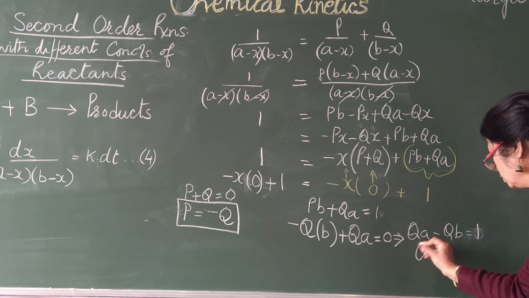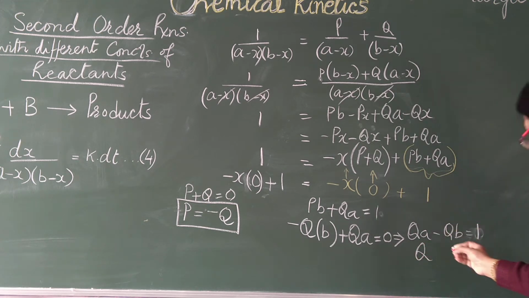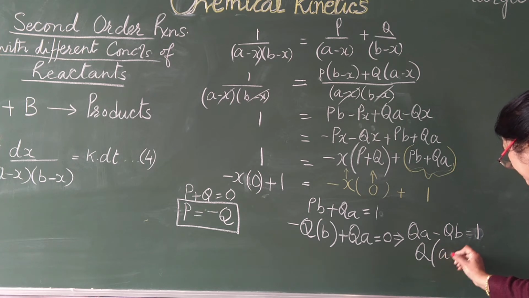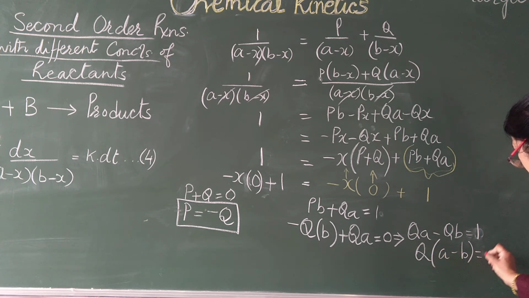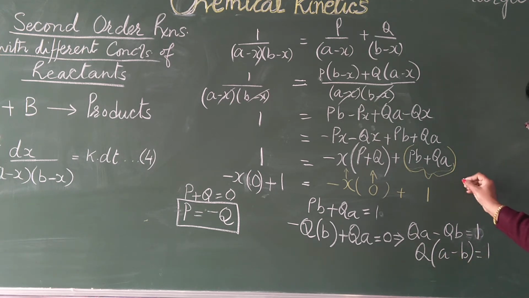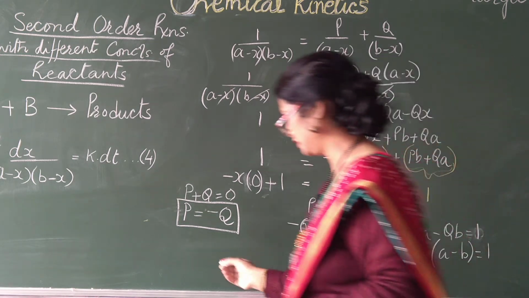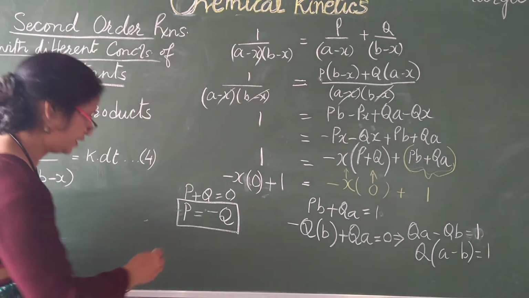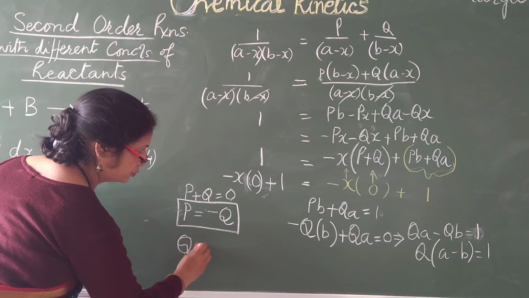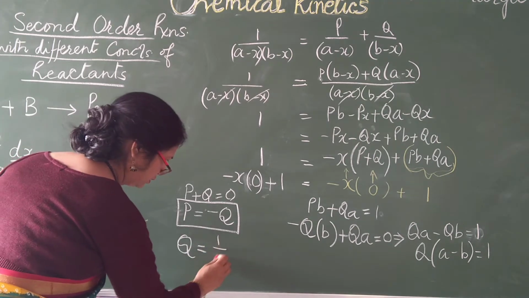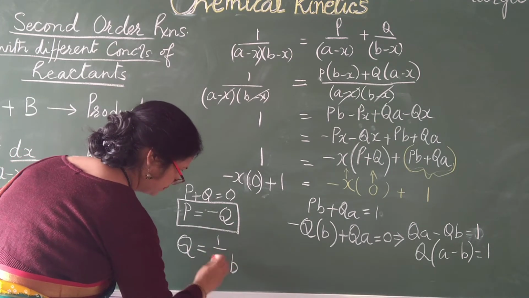This means that q is common in both terms. So q times a minus b is equal to 1, and the value of q comes out to be 1 upon a minus b.